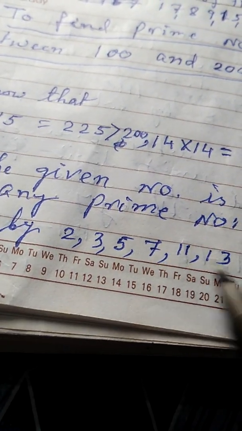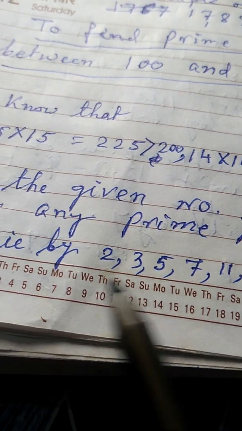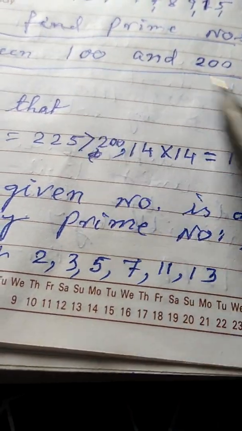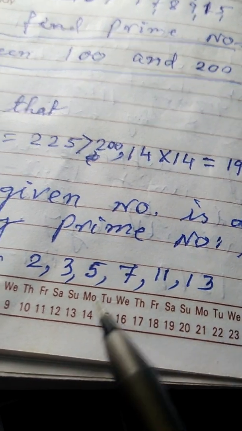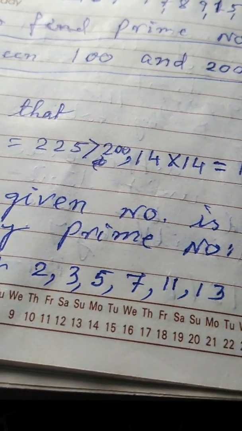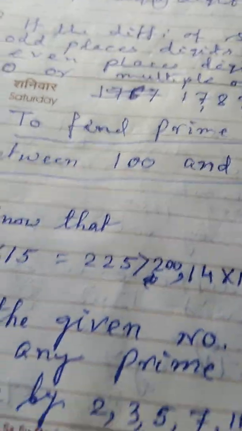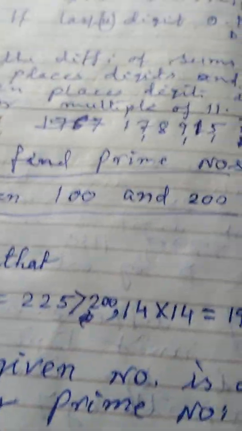The primes less than 15 are 2, 3, 5, 7, 11, 13. If the given number is divisible by any of these primes, then it is not prime. And if it is not divisible by any of them, then it is a prime number.